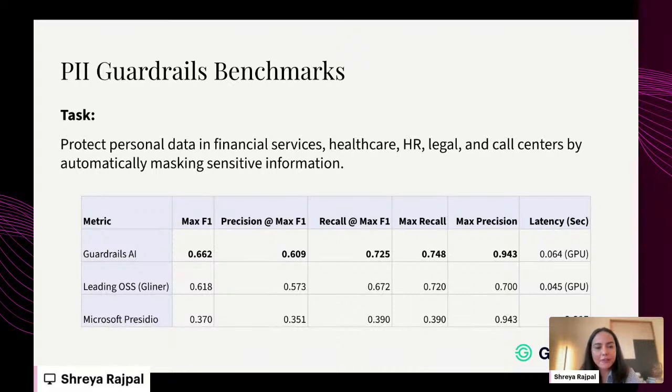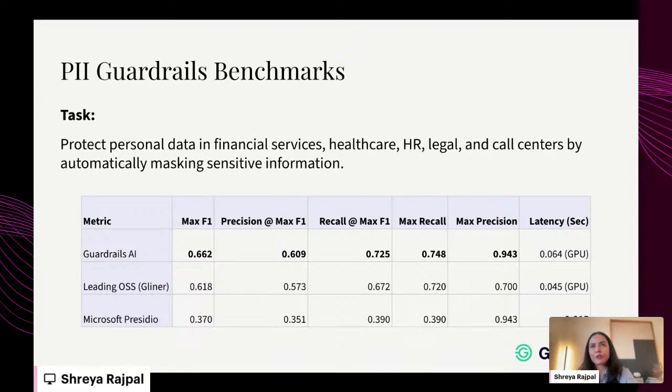But we found that even if you look at latency, because Microsoft Presidio uses really small rules-based systems, the latency tends to be really fast and really reliable, which is one of the best things about Presidio. So this is about 15 milliseconds here.